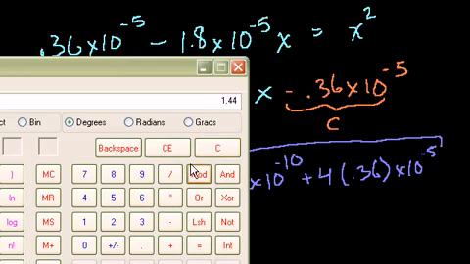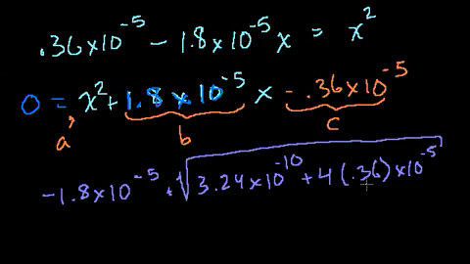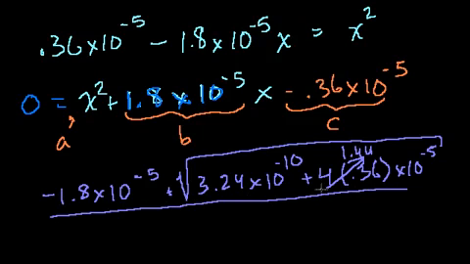I should have been able to do that in my head. Now you have 1.44 times 10 to the minus 5, so let me write that. So this is 1.44. And of course, all of this is over 2a.